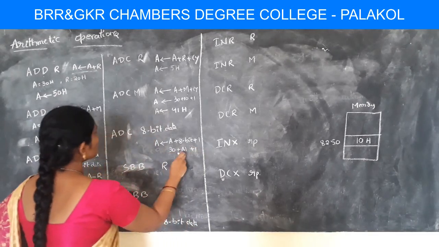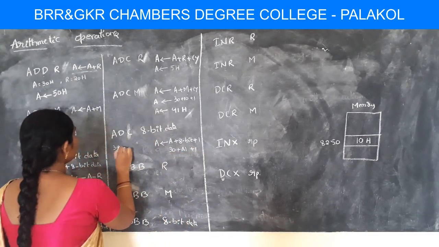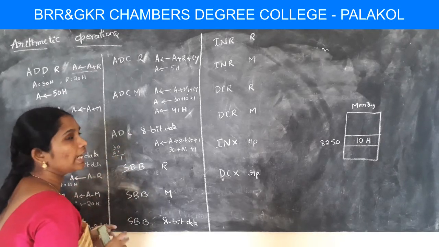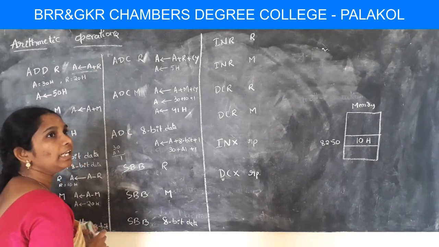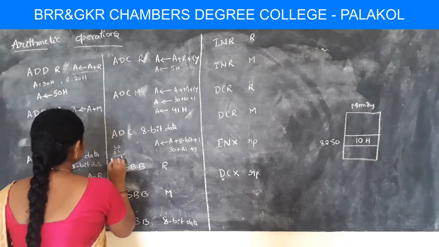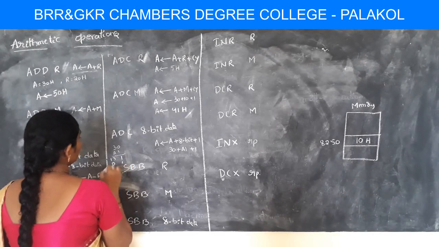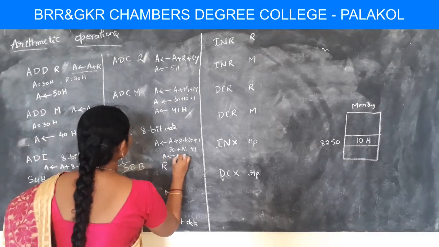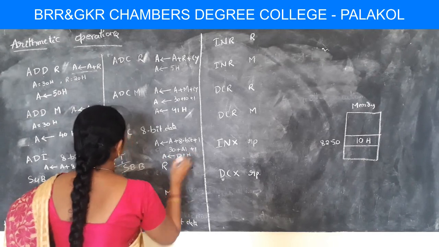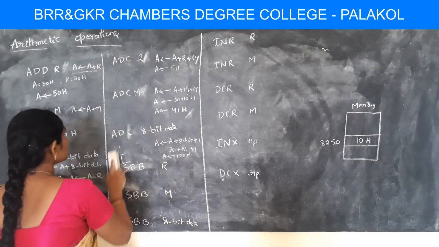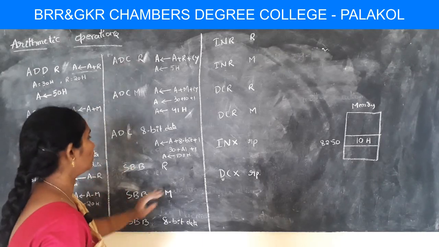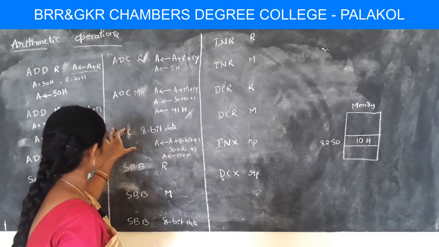Here the 30 and A1: 0 plus 1 is 1, then 10 plus 3 is 13, here 13 is nothing but D1. So here A will have D1H stored in this register. Okay, so this is the meaning of this instruction.